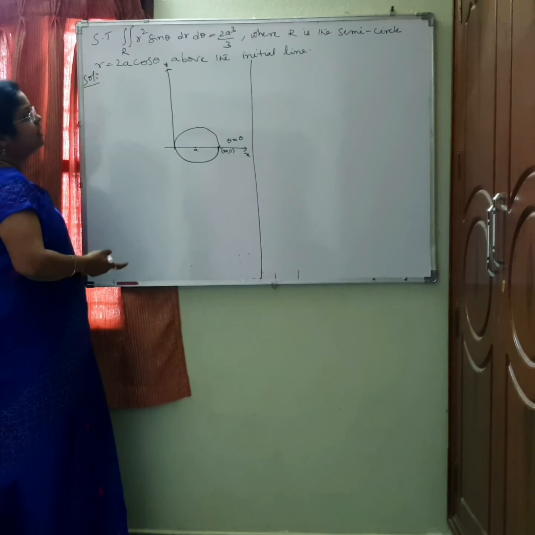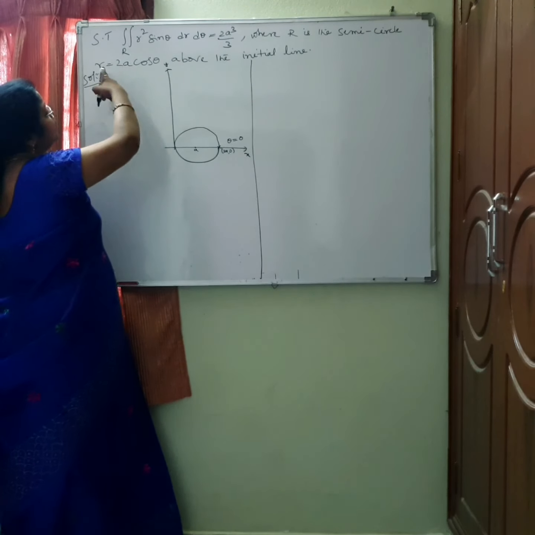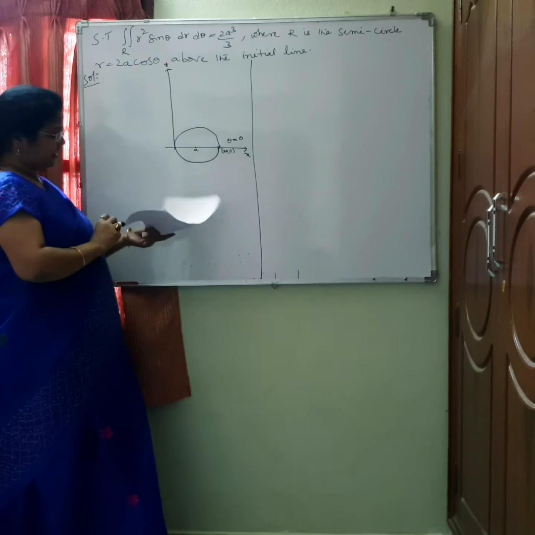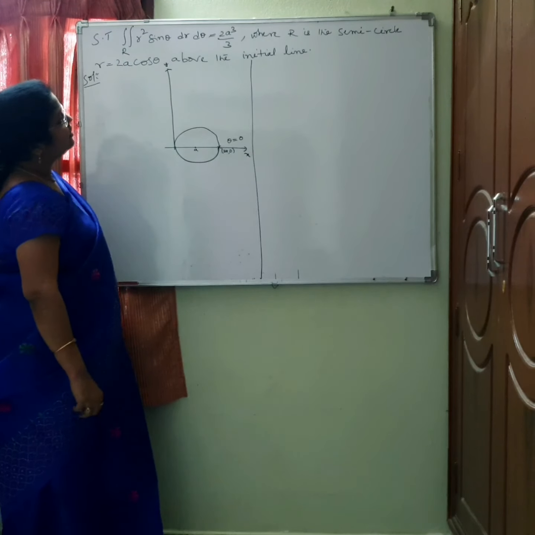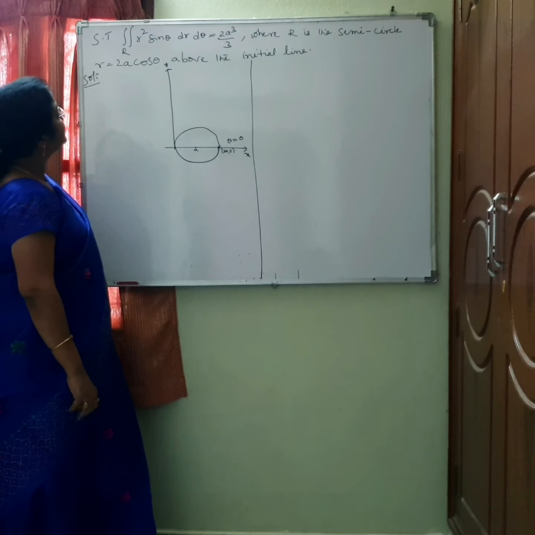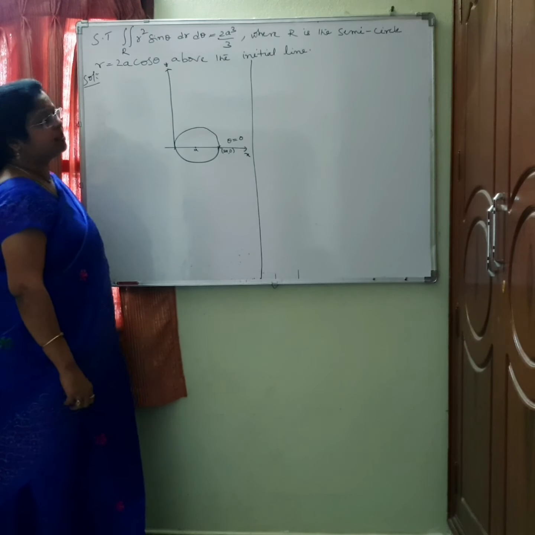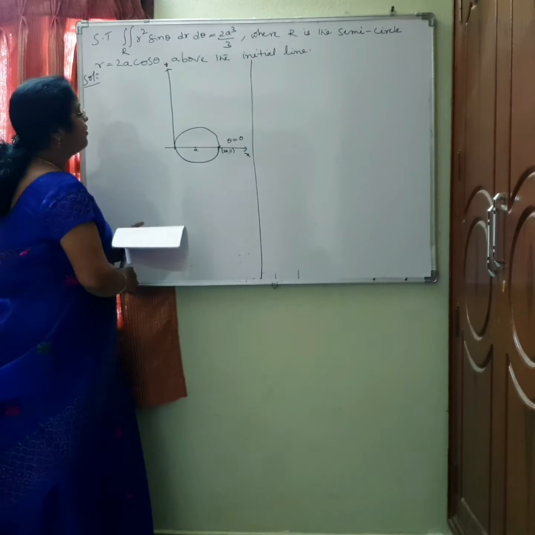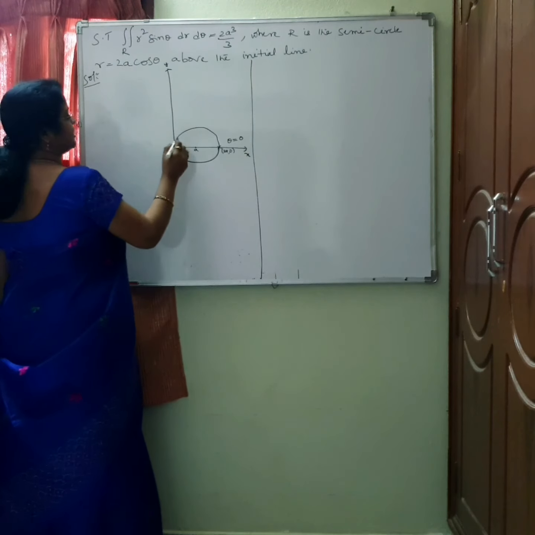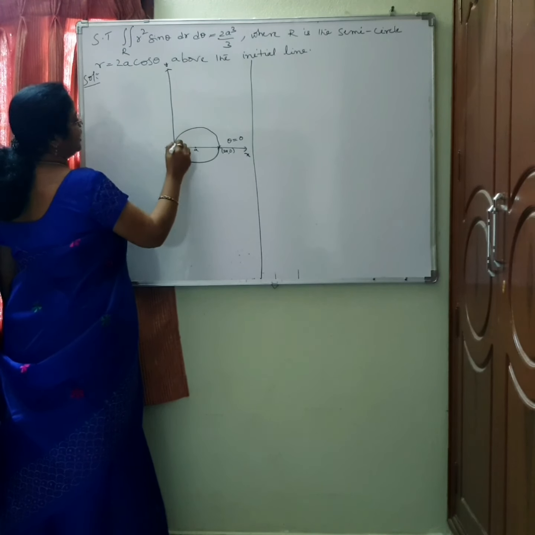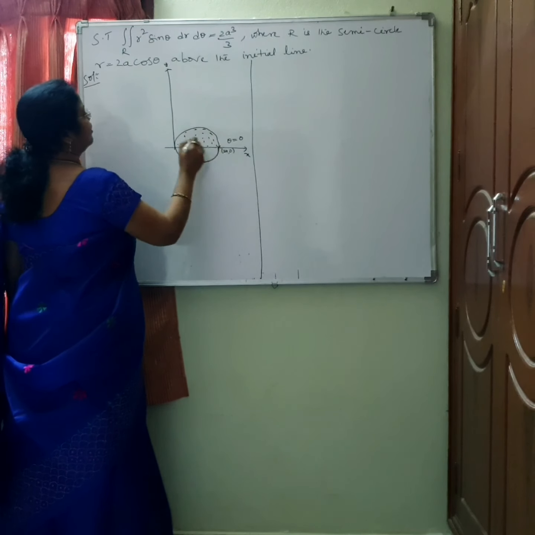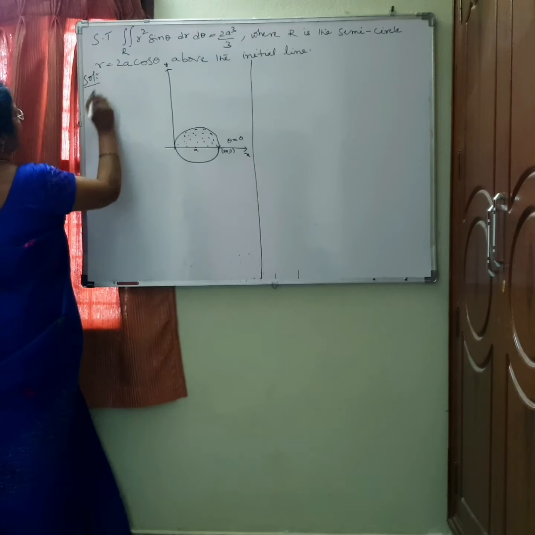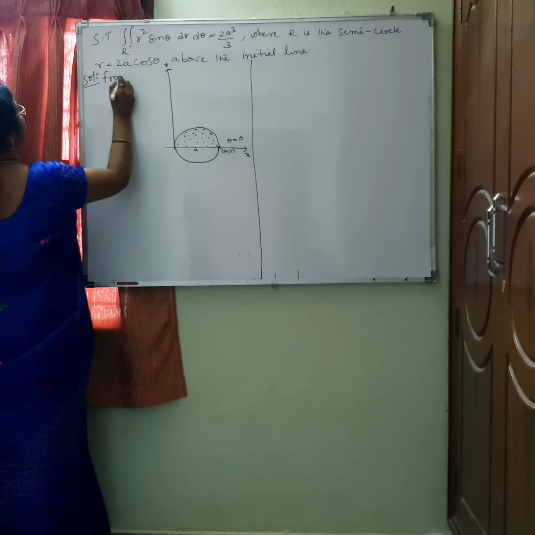Next I am going to consider another problem. Show that the double integral r square sin theta dr d theta is equal to 2a cube by 3, where R is the region semicircle above the initial line. Okay, so here I am going to show you the semicircle and this is the graph. Above the initial line means this is our region of integration here. Now again from the graph, what are the limits?